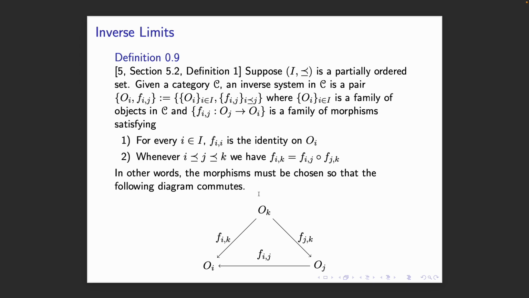So whenever i divides j, there needs to be a morphism from the jth object to the ith object. And if i divides j and j divides k, then the function that goes from the kth object to the ith object must be equivalent to the composition of the function going from the kth object to the jth object composed with the function going from the jth object to the ith object.